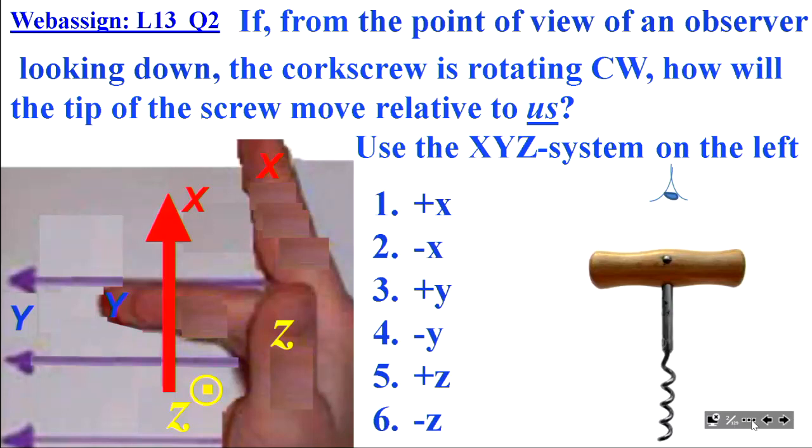That motion is not away, that motion is down. And down for this person means what? Negative X. Why would I point X up? Because I can.